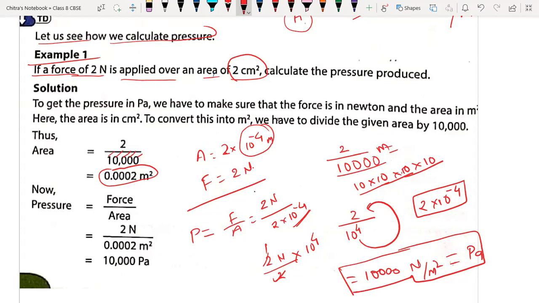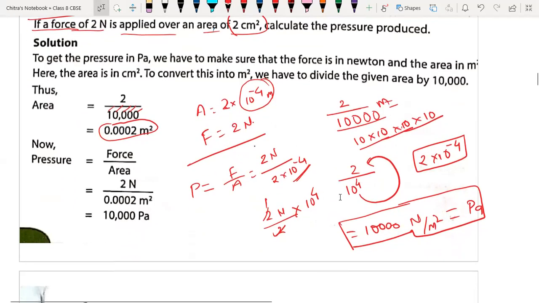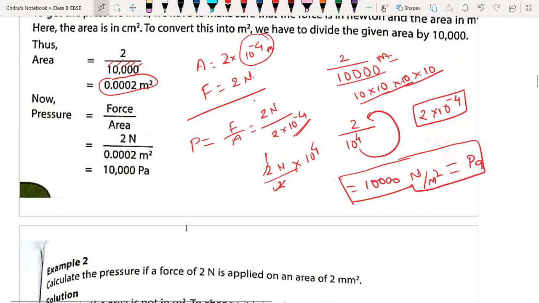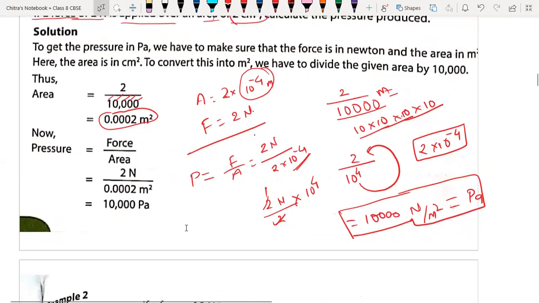So instead of using 10,000, we can use 10 to the power 4. So the pressure is 10,000 Newton per meter square, which equals Pascal. So it is 10,000 Pascal. What is Pa? Pascal.